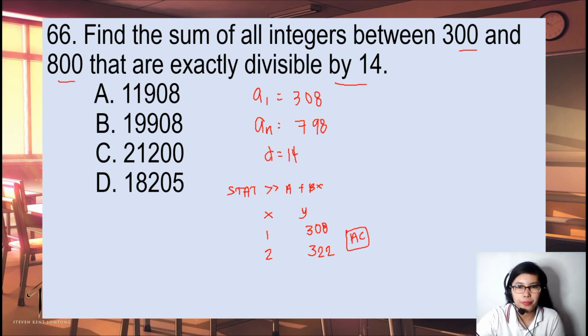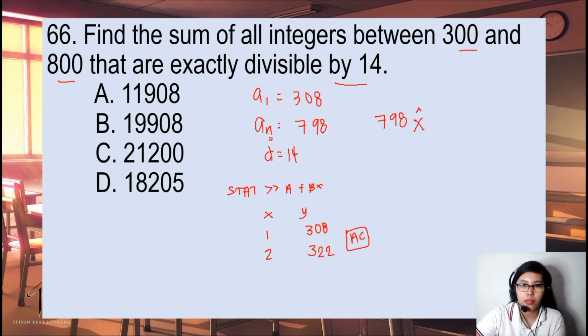Then, to find what is a sub n, or pang ilan si 798. Okay, so just have to type in your calculator 798. So calculate 798, then shift stat reg ulit, but this time we'll have to look for the x hat, 798 x hat.